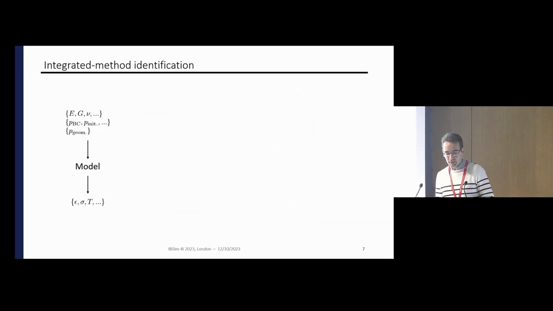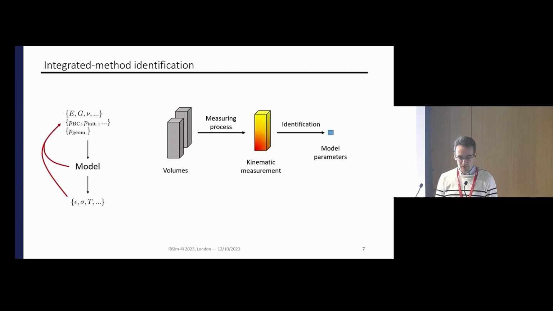So identification is just the inverse problem consisting, knowing the model and some physical field, to try to obtain the properties of the model, so the parameters to fit in the model so that it can represent the experimental results.